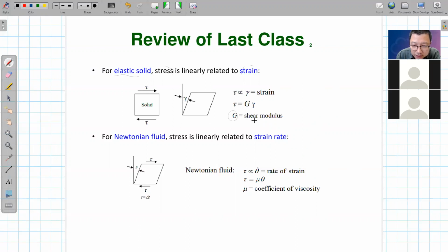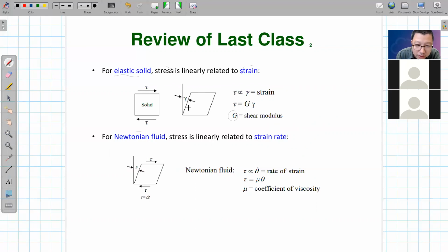This G is called the shear modulus. And in the fluid, I add a term called Newtonian. I will explain this later, but you can just think of a Newtonian fluid as a common fluid, the general fluids we see daily, like water and air. For the Newtonian fluid, the stress is linearly dependent not on strain, but on strain rate.